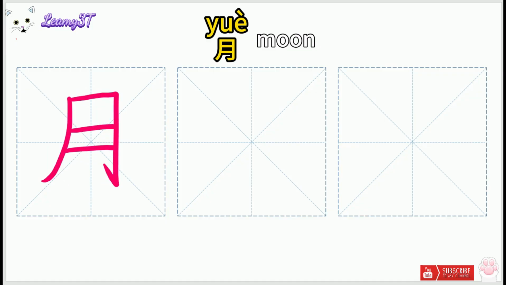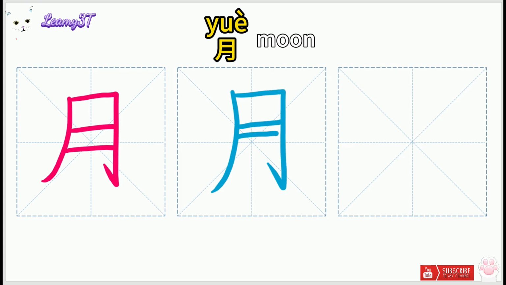Never put them too close, such as this. That would be too close. Don't make them too far away, like this. The space is too much. So mainly you're just dividing the whole character into 3 parts. So please pay attention to the distribution of the strokes.